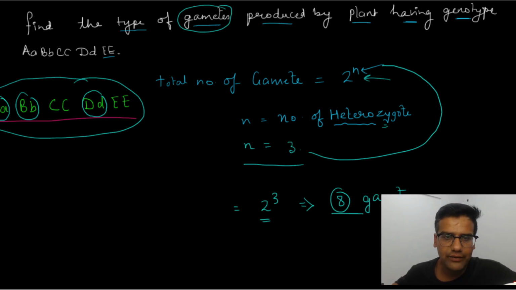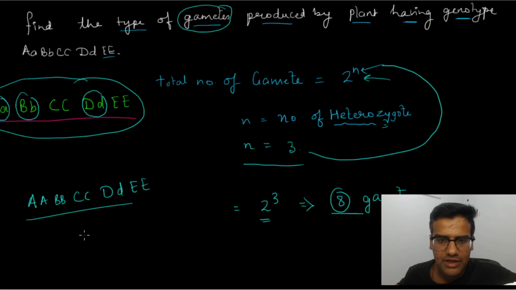Let us say you have a different plant with genotype capital A, capital B, capital C, capital D small d, capital E. You have to calculate the total number of gametes. Simply calculate the number of heterozygotes.